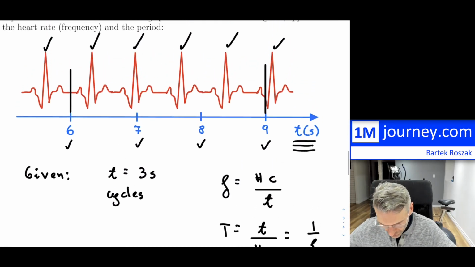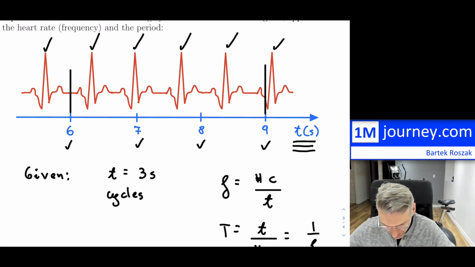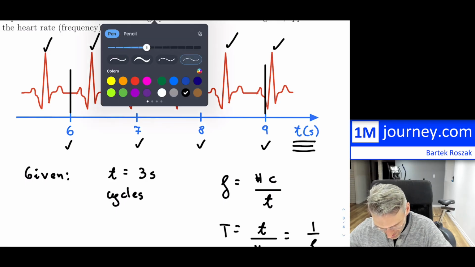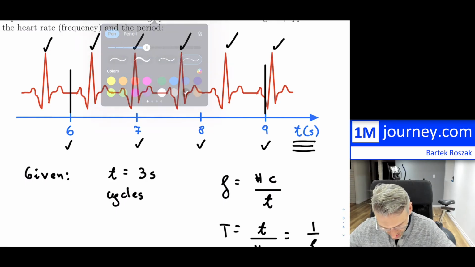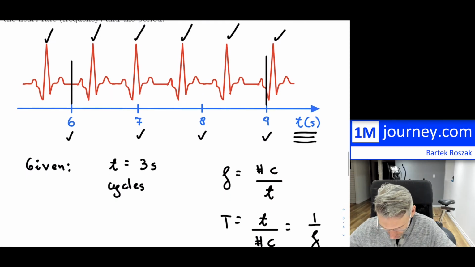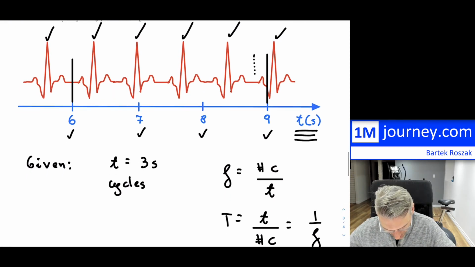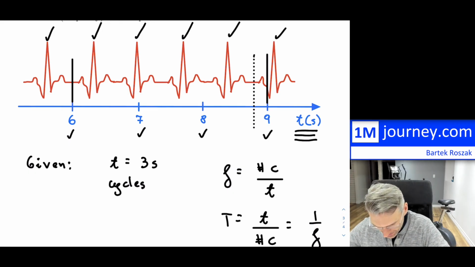So counting this up, I'm going to try my best here. If I draw this out, from right there to right there, starting from here going up to here, that looks like one cycle.